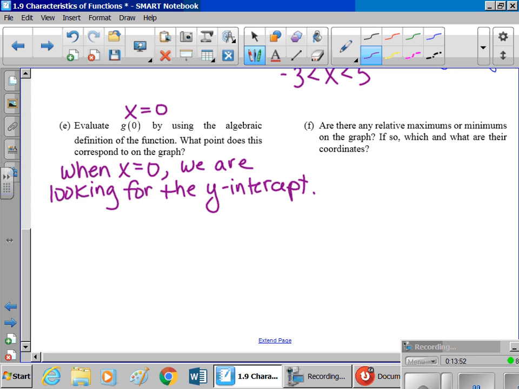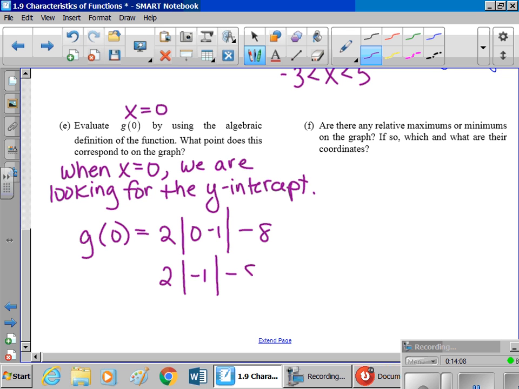Using our function, g of 0 is equal to 2 times the absolute value of 0 minus 1, minus 8. So this becomes 2 times the absolute value of -1, minus 8. The absolute value of -1 is +1, so 2 minus 8 is equal to -6. And -6 is our y-intercept.